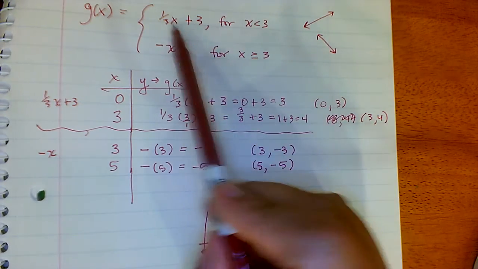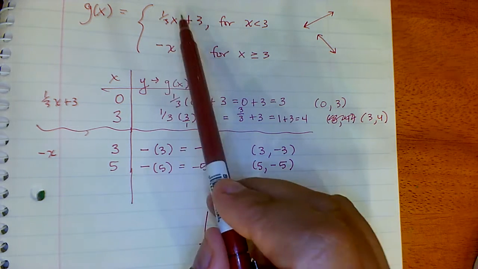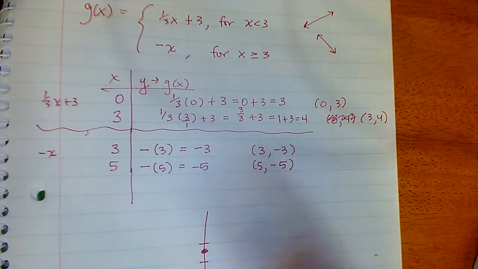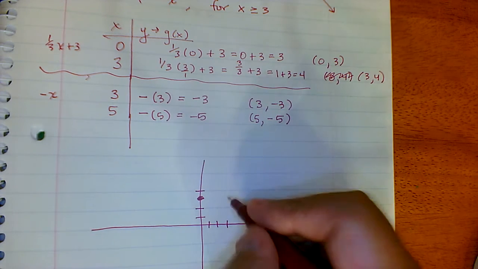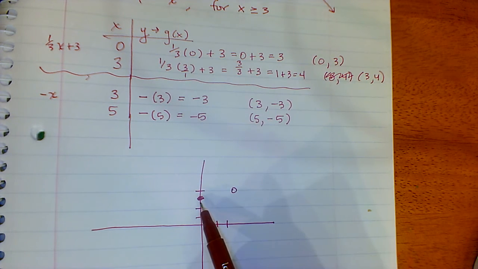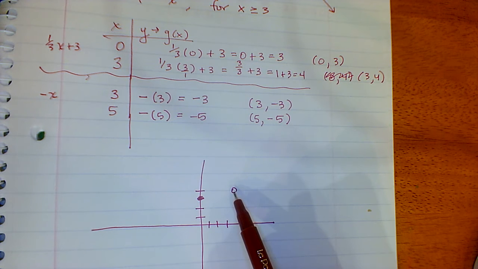So this tells me that this equation does not work when x is actually equal to 3. But I know that it's supposed to be going in that direction, so I'm going to put an open circle right here. So this just means this is getting really close to a point on my graph, but this actually isn't going to be a point on my graph, so I'll have this open circle.